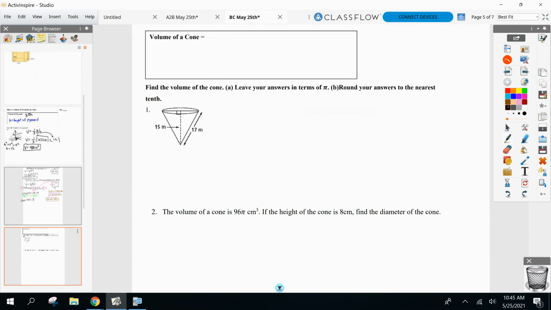Cone. Same formula as pyramid. 1/3 the area of the base times the height. Mr. Carlino, my formula sheet has something different. I know it does. Let's talk. Why does your formula sheet have 1/3 pi r squared times the height?